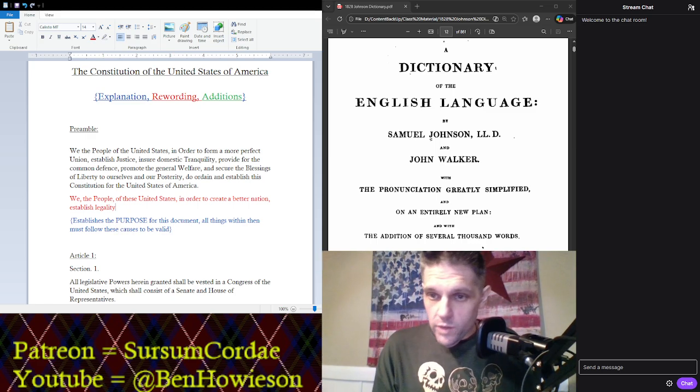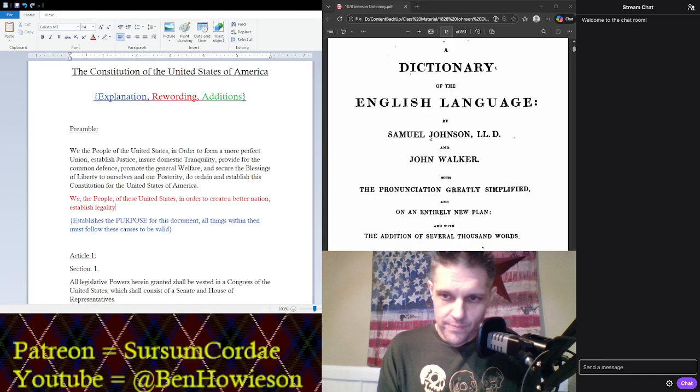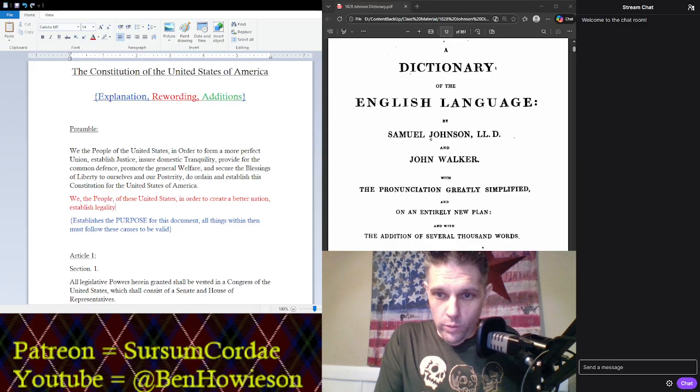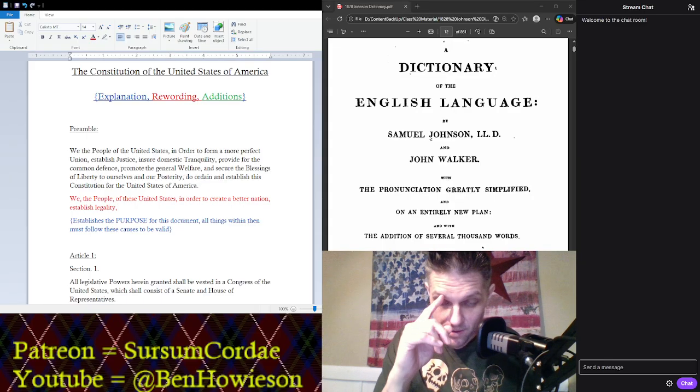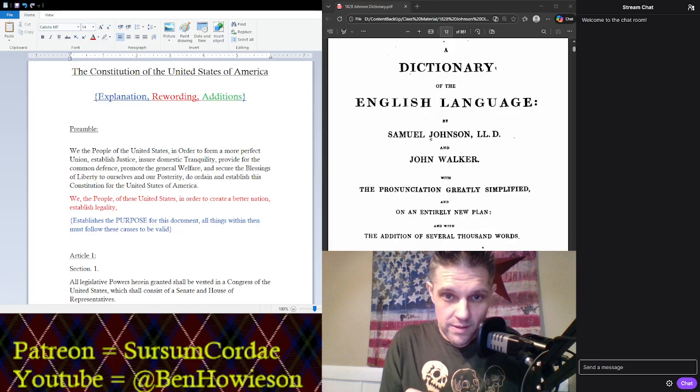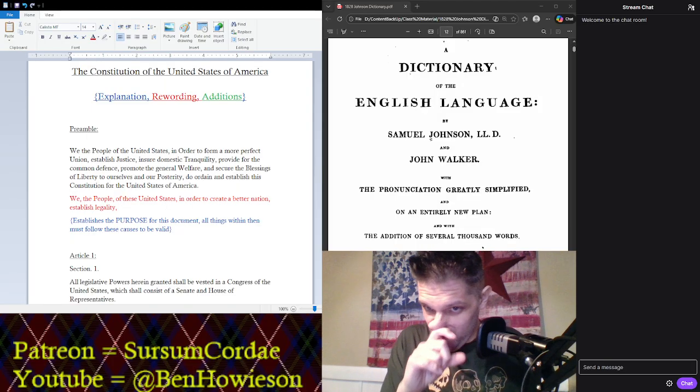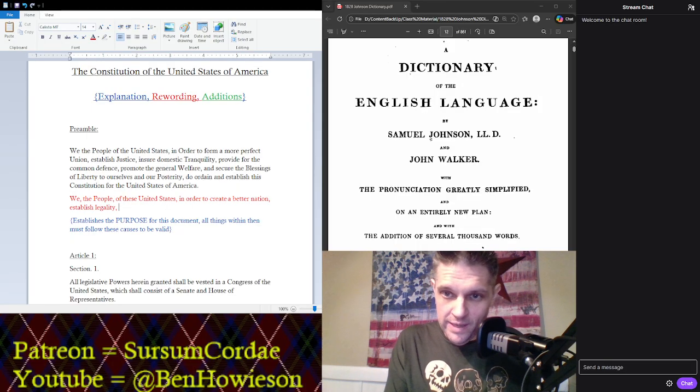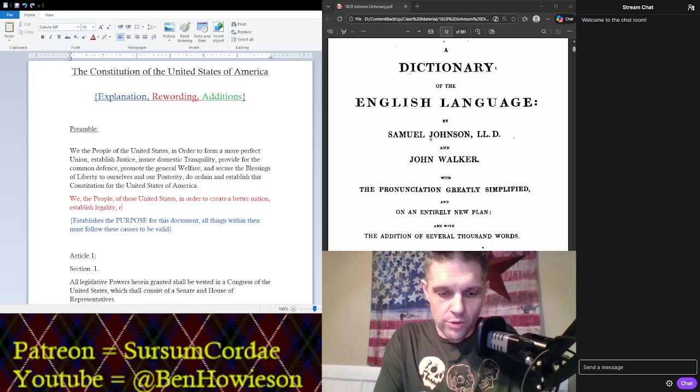So, to establish legality sounds a lot better than just justice. And now we'll come to our very first misspelling. Even in the 1828 dictionary here, they do have an entry for the word insure with an I, but it is to see the word, it's just a reference to go to the word ensure with an E. It's like, see ensure, please.